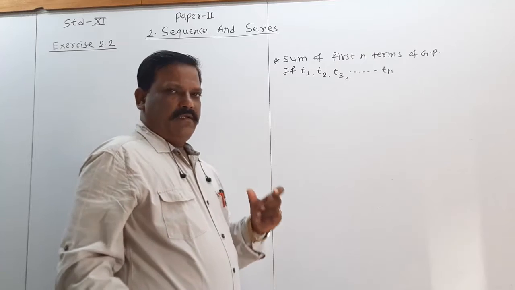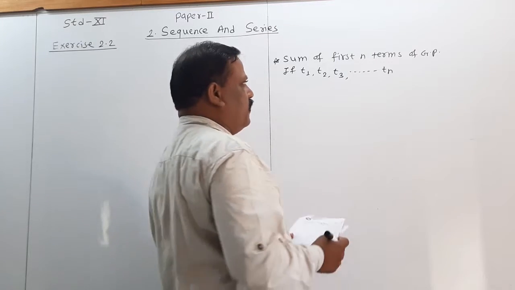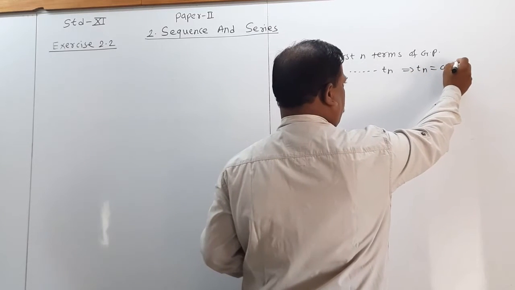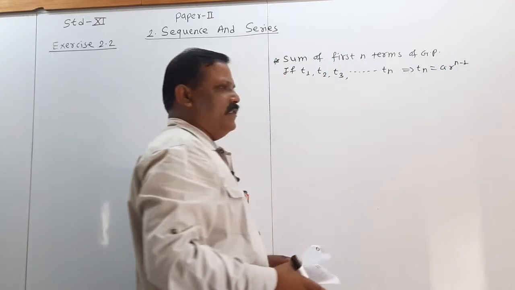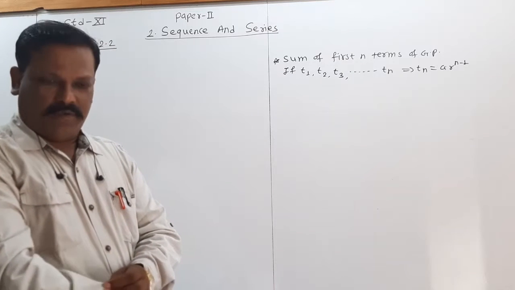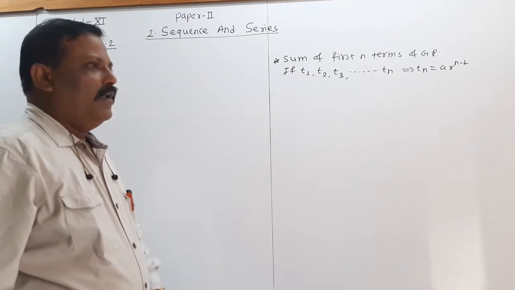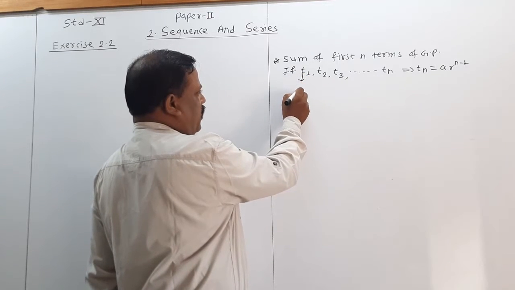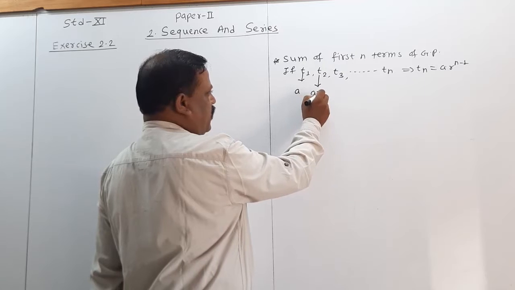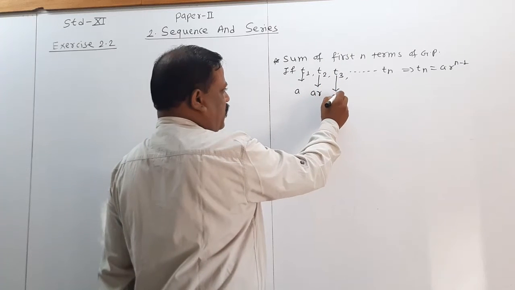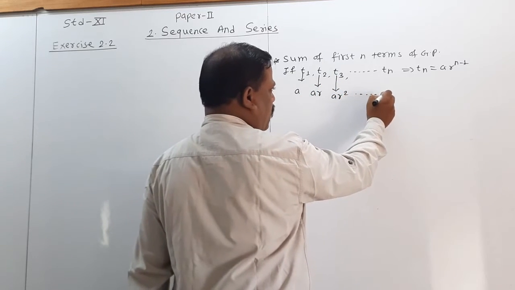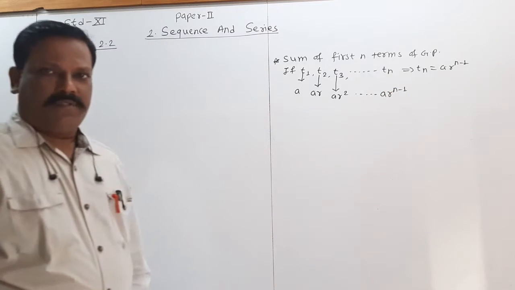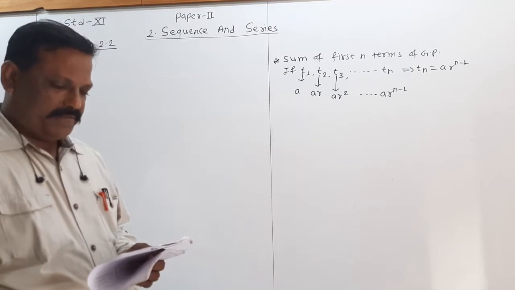And we know that the nth term of a geometric progression is Tn equal to A multiplied by R raised to n minus 1. The terms are A, T2 is AR, T3 is AR square, up to AR raised to n minus 1. These are the terms in a geometric progression.